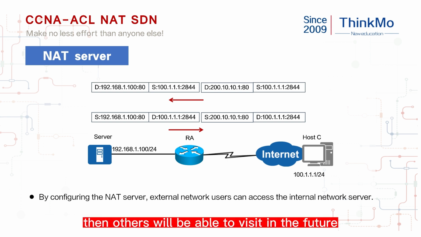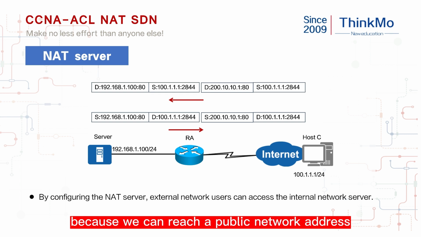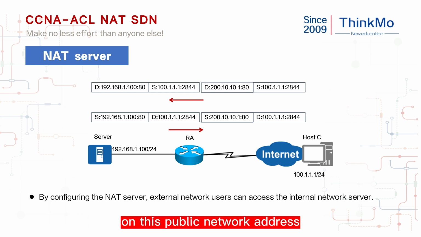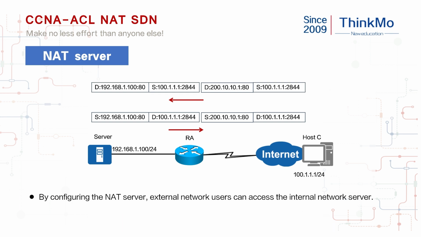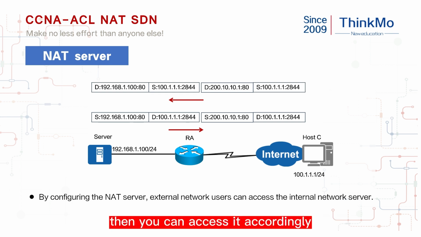Then others will be able to visit in the future, because we can reach a public network address on the public network. You can access the corresponding service on this public network address. As a company device, it can be configured so that if other devices access its services, it can transfer the traffic to the downlink server. Then you can access it accordingly.